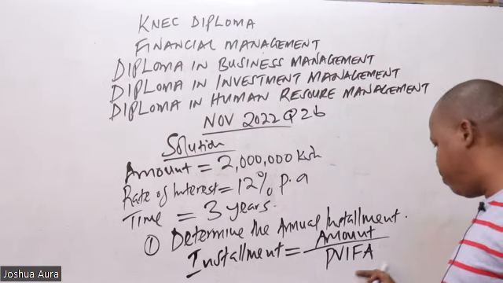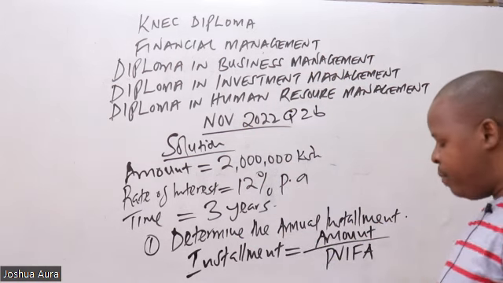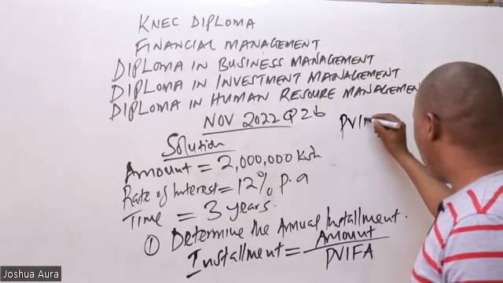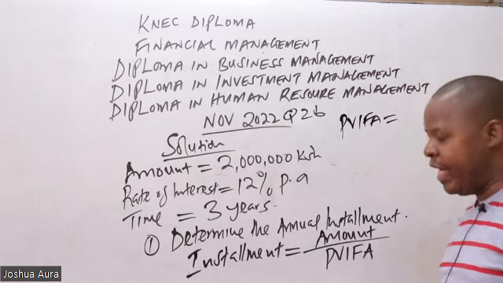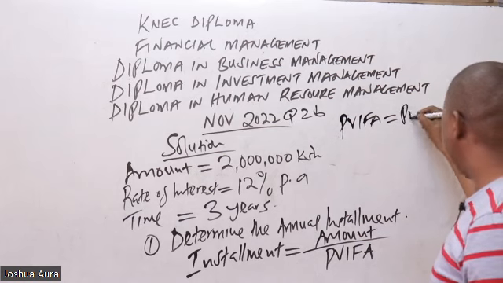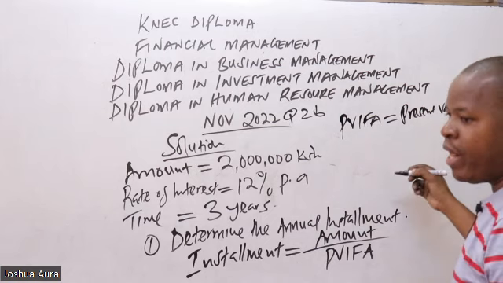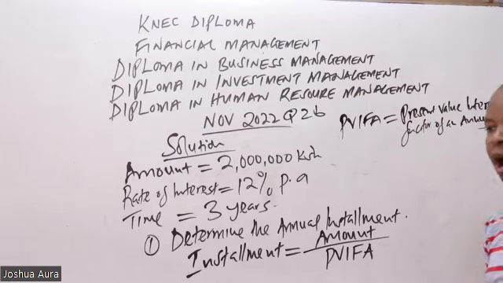So how do we get this PVFA? We already know the amount borrowed. Let's work it out here. PVFA, which is one of the discounting techniques, which in full is referred to as present value interest factor of an annuity.